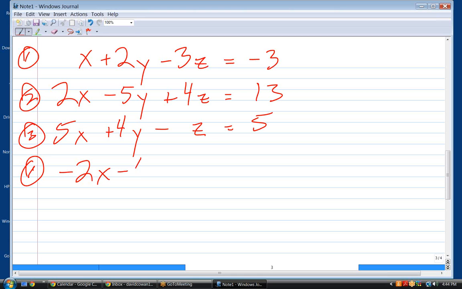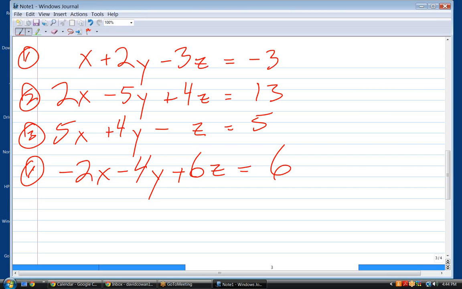You would get negative 2x. That's what I get. Okay? That's still equation 1. It's the same equation. The only difference is as I multiplied both sides of the equation by negative 2.